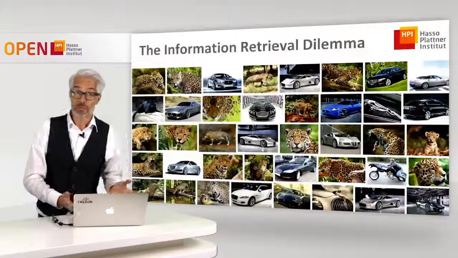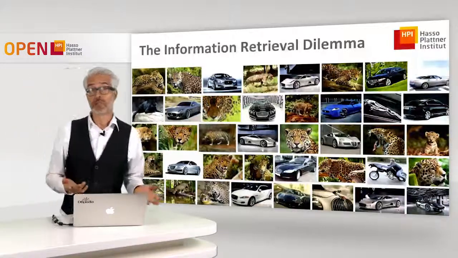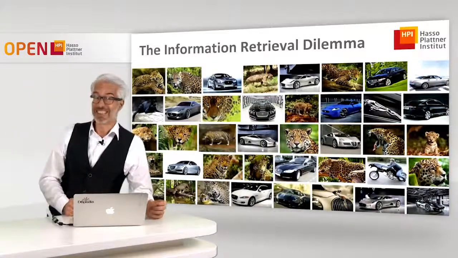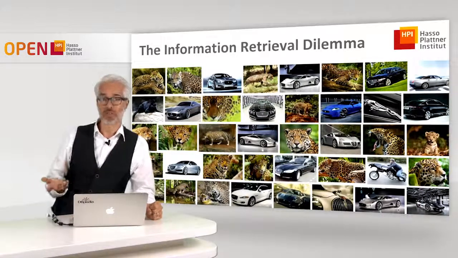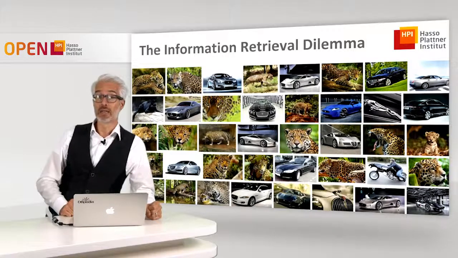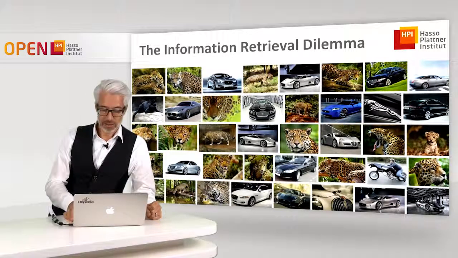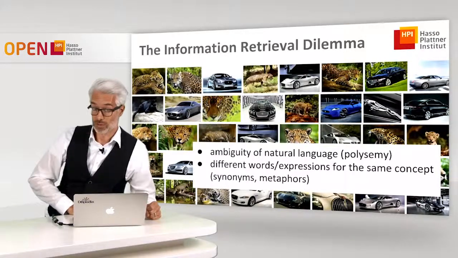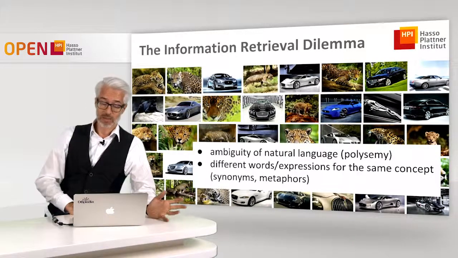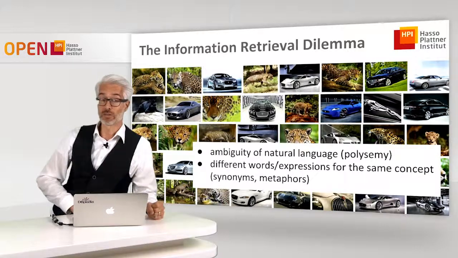Okay, but information retrieval, especially if you're dealing with natural language, is in kind of a dilemma. So there are several problems, and you might have already heard of them in the first lectures that we had in this series. So for example, here I have looked for Jaguar, and the point is of course natural language has a high degree of ambiguity.